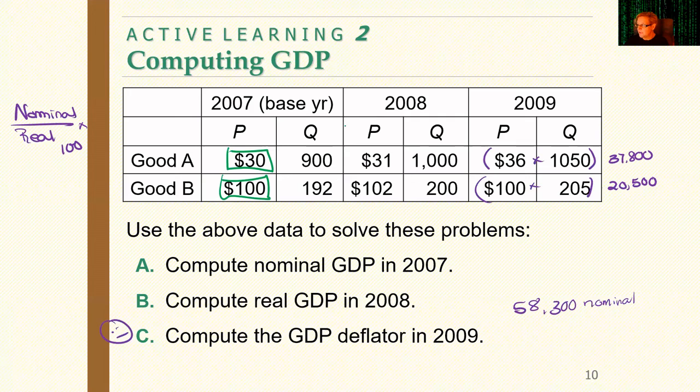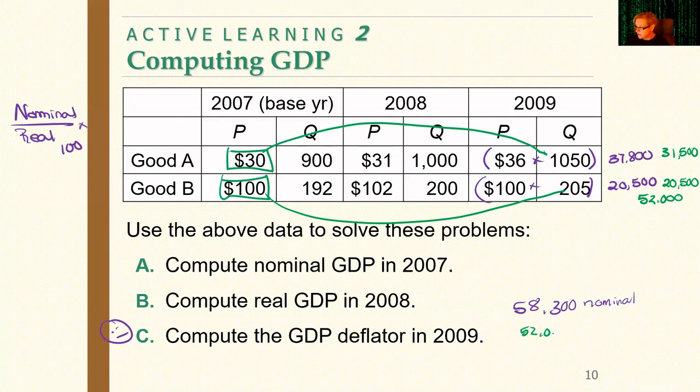So now we have 30 times 1050, and that would be 31,500. 100 times 205, which is 20,500. How about 52,000? So our real is 52,000.